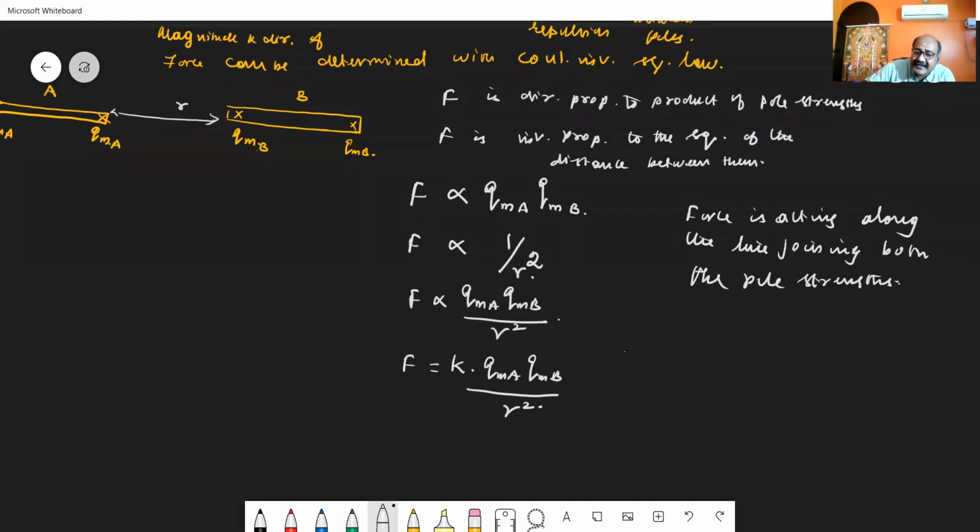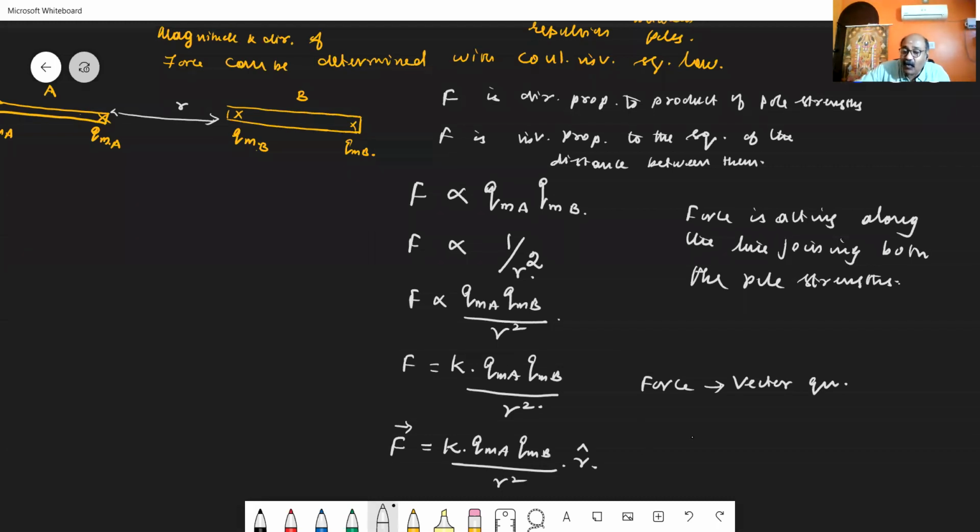If I write this force in terms of a vector quantity, because force is always considered to be a vector quantity, and represent it as F vector, then F vector is equal to K into QmA into QmB divided by r squared into r cap.